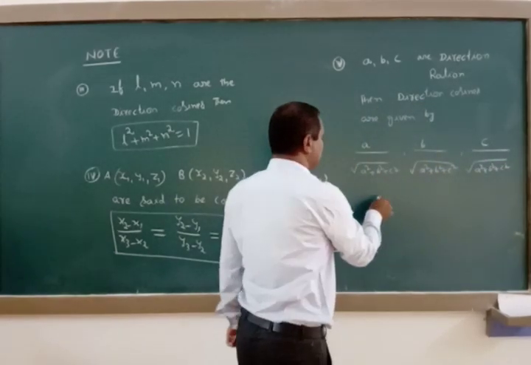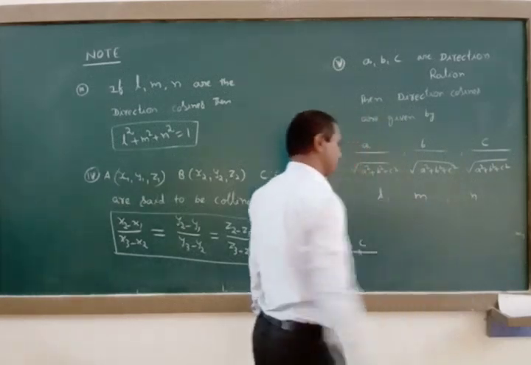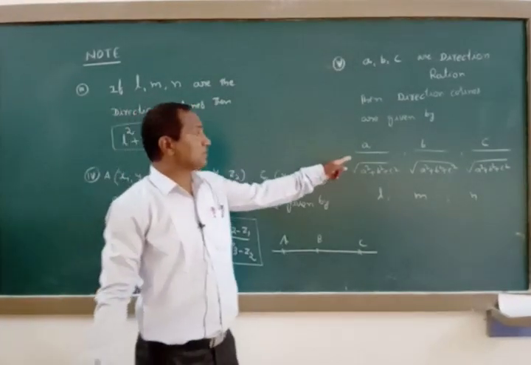Just consider this is l, this is m and this is n. These are all direction cosines.